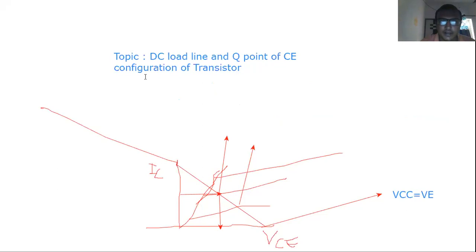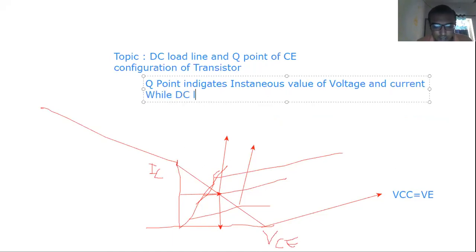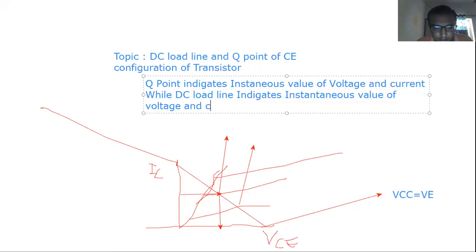The Q point indicates the instantaneous value of voltage and current, while the DC load line indicates the instantaneous value of voltage and current.